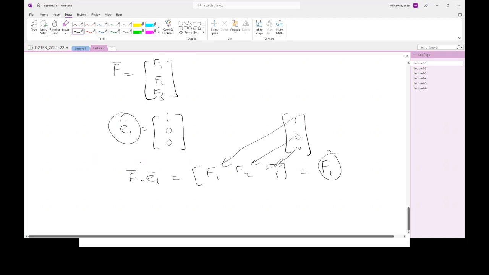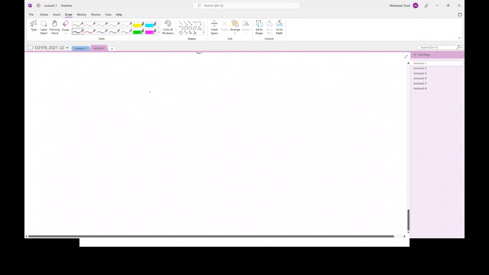Now, if you want to find the component of the stress which is associated to the direction, which is sigma 11, 12, 13, 21, 22, 23, 31, 32, and 33.